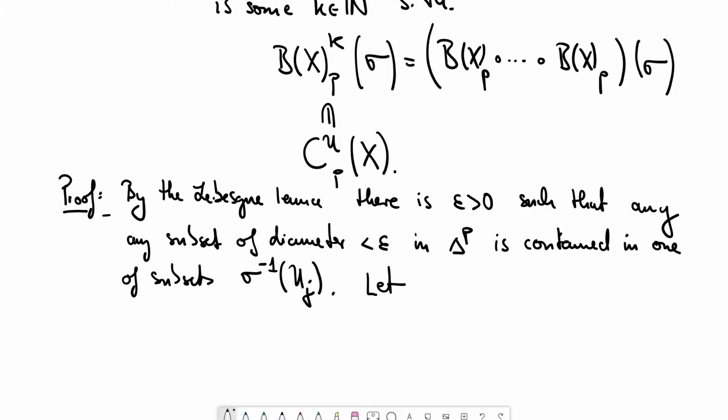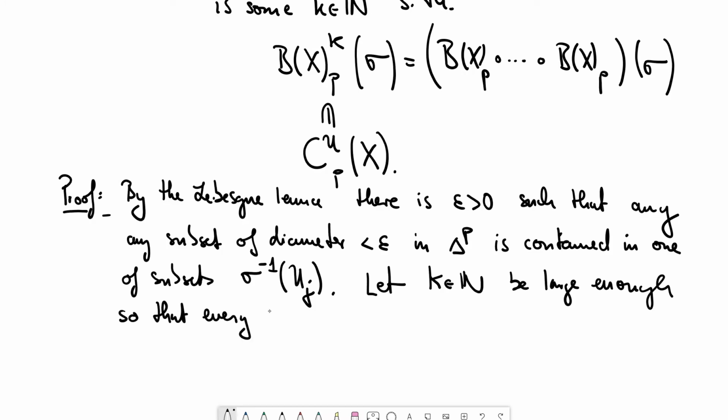So let k be large enough so that every simplex in the k-fold application of BP to the identity simplex has diameter at most epsilon.